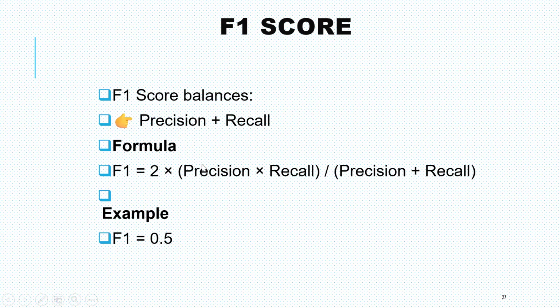Let's do it together. Now, these are all 0.5 figures. So 0.5 times 0.5 will give us what? 0.25. Multiply by 2. 0.5. You got 0.5. Divide by precision, which is 0.5 plus 0.5. 0.5 plus 0.5 will give us what? 1.